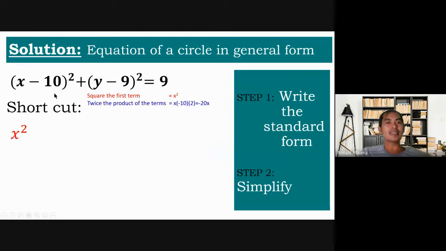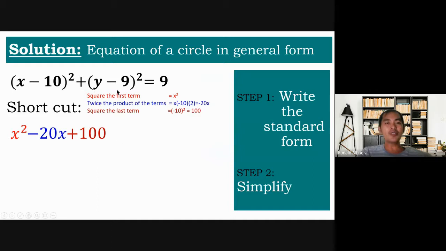Then take the product of the first and the second term times 2. So negative 10 times 2 is negative 20 times x is negative 20x. And square the last term. Negative 10 times negative 10 is positive 100.